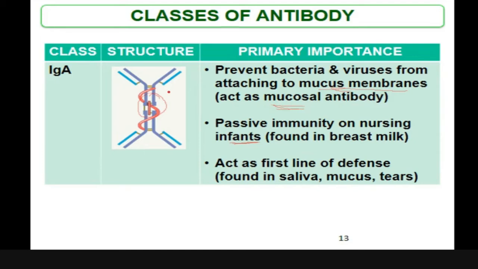Jadi dia adalah types of mucosal antibody. Jadi contohnya adalah passive immunity on nursing infant. Jadi itulah bagusnya bila breastfeeding. Anak selain daripada diterima passive immunity masa dalam kandungan, bila dah lahir dia akan dapat daripada breast milk ibu.